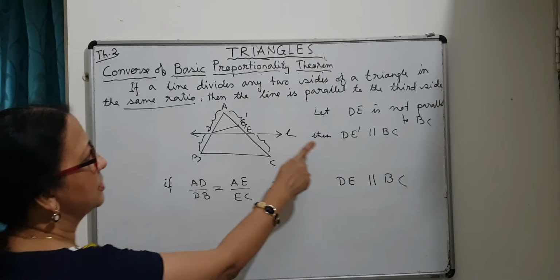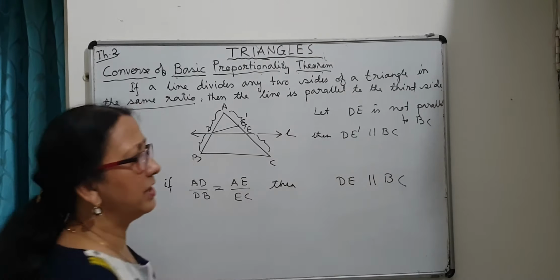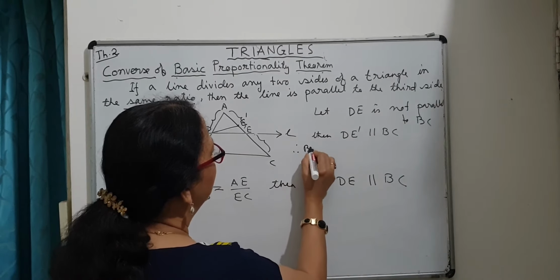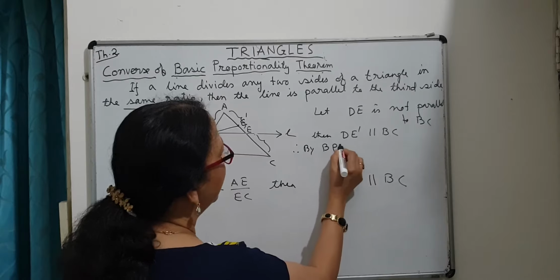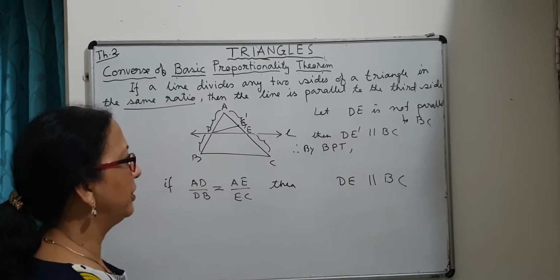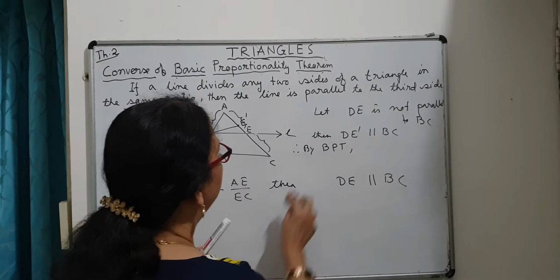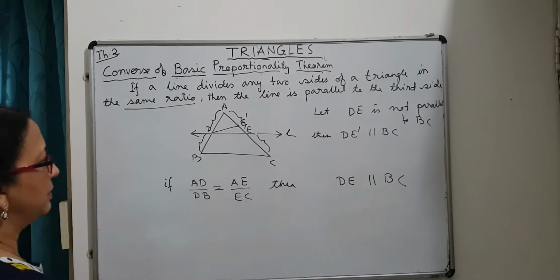So if DE dash is parallel to BC, then we can apply the BPT, basic proportionality theorem, in the triangle ABC. So by BPT, what will happen? Let me write it here, otherwise it will not be possible.